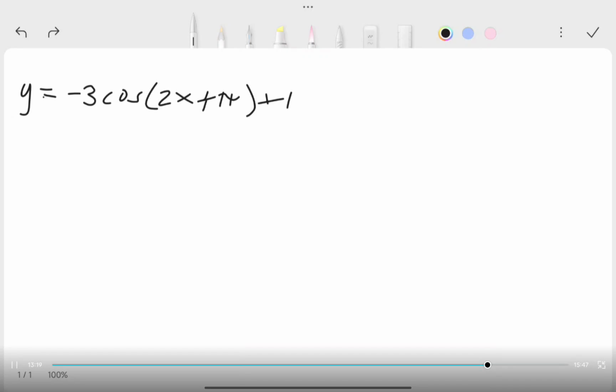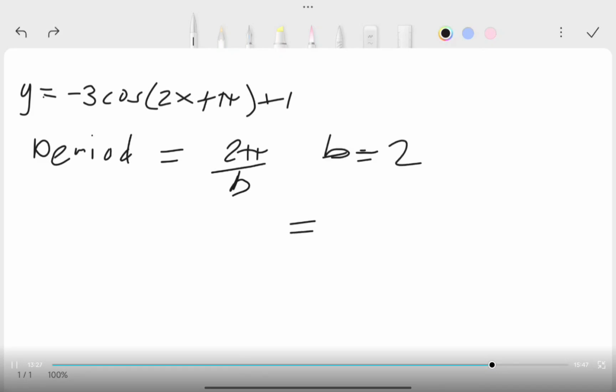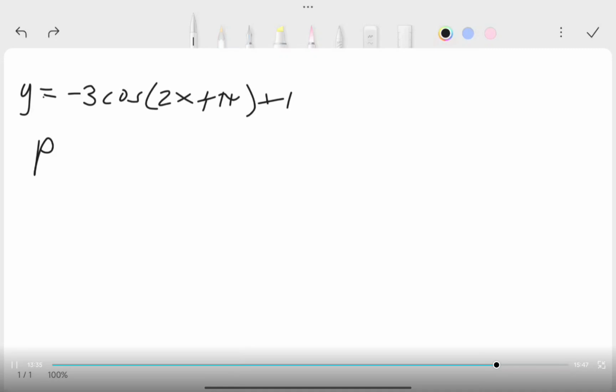So let's proceed to our period. Our formula for period is 2 pi over b, and our b is positive 2. So 2 pi over 2 is equal to pi.